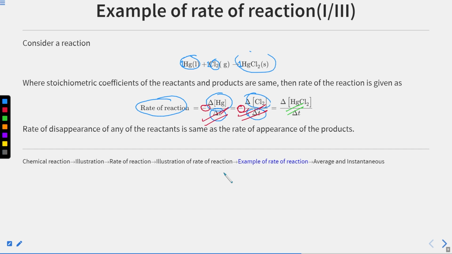So the rate of disappearance of any of the reactants is the same as the rate of appearance of the product, in cases where the stoichiometric coefficient is 1. So the rate of appearance of this product is equal to the rate of disappearance of the reactant. So this is the first example.